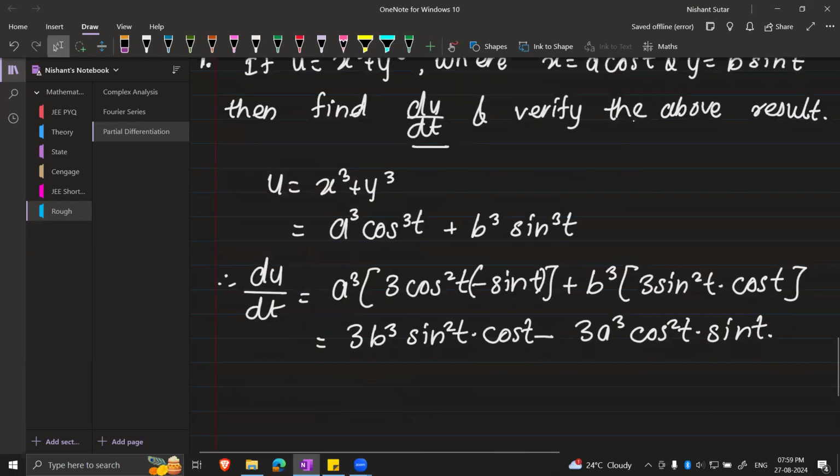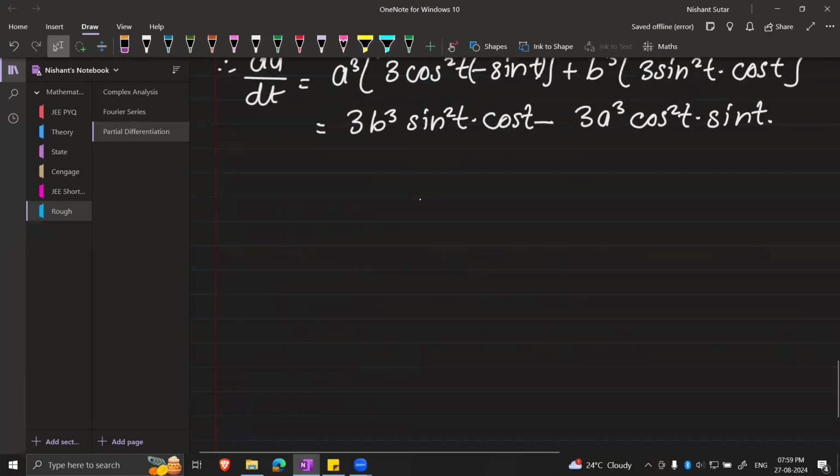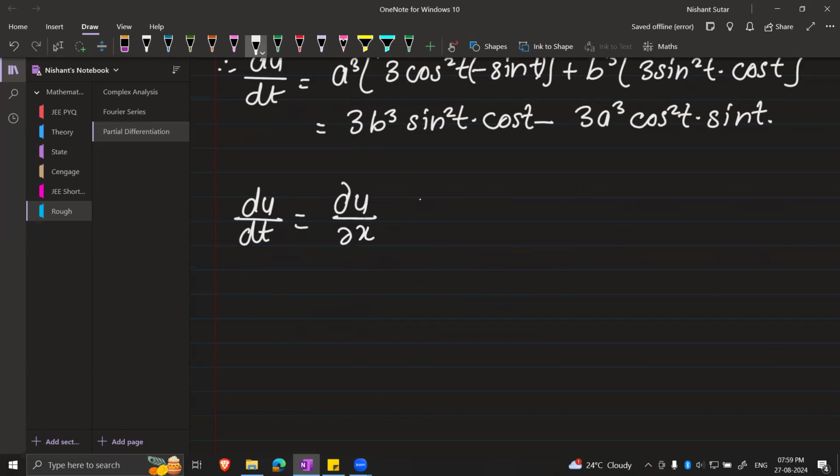So we need to verify the above result. For that, to verify, we will use the formula. So by formula, we have du by dt as del u by del x into dx by dt plus del u by del y into dy by dt.